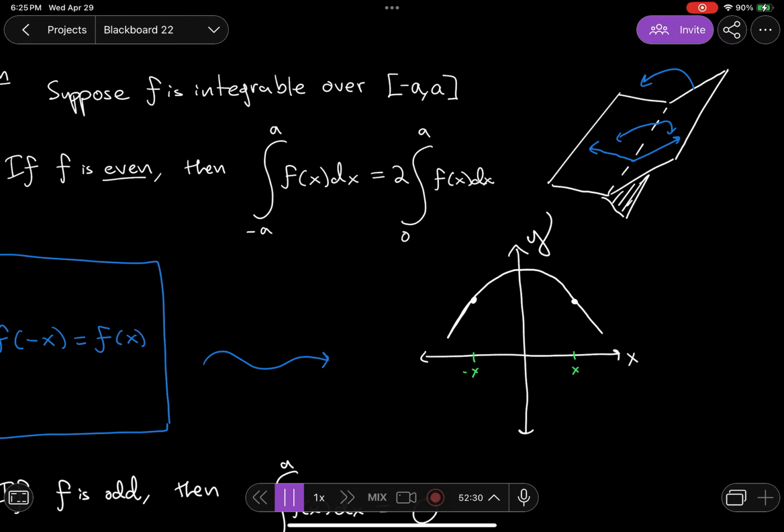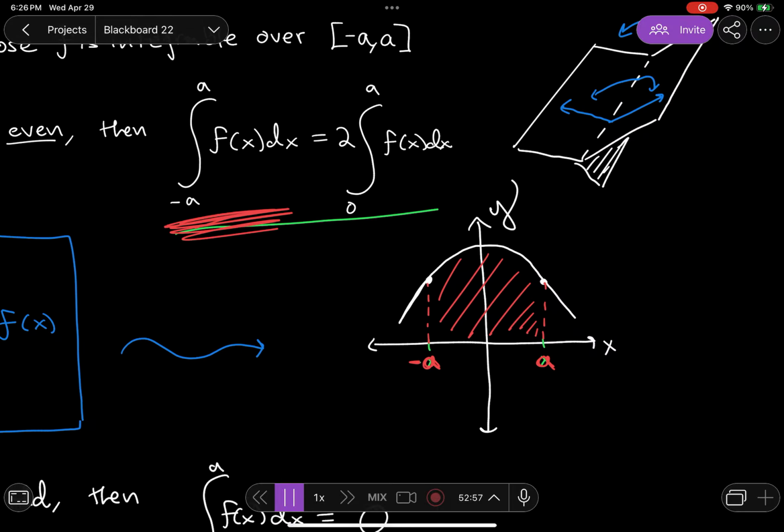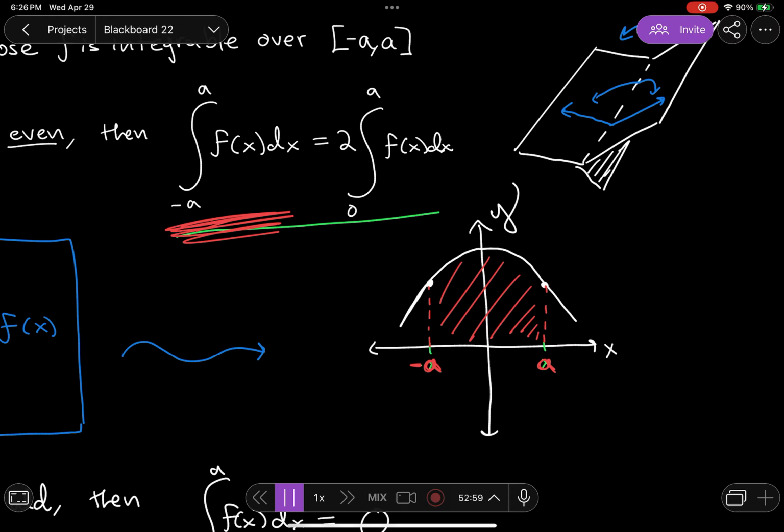And what this result is telling us is actually kind of intuitively true. This side right here in red is asking us to find this area. All right, we want to find that area, and maybe let me call this a here. So that's negative a to a. Look at what it says. It's very intuitively true. Both of these are above the x-axis.